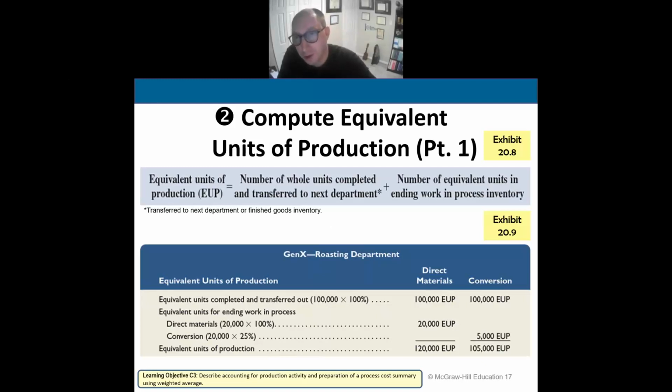Step 2, we compute the equivalent units of production. Here's the formula. Number of whole units completed and transferred to the next department plus the number of equivalent units ending in work in process inventory.